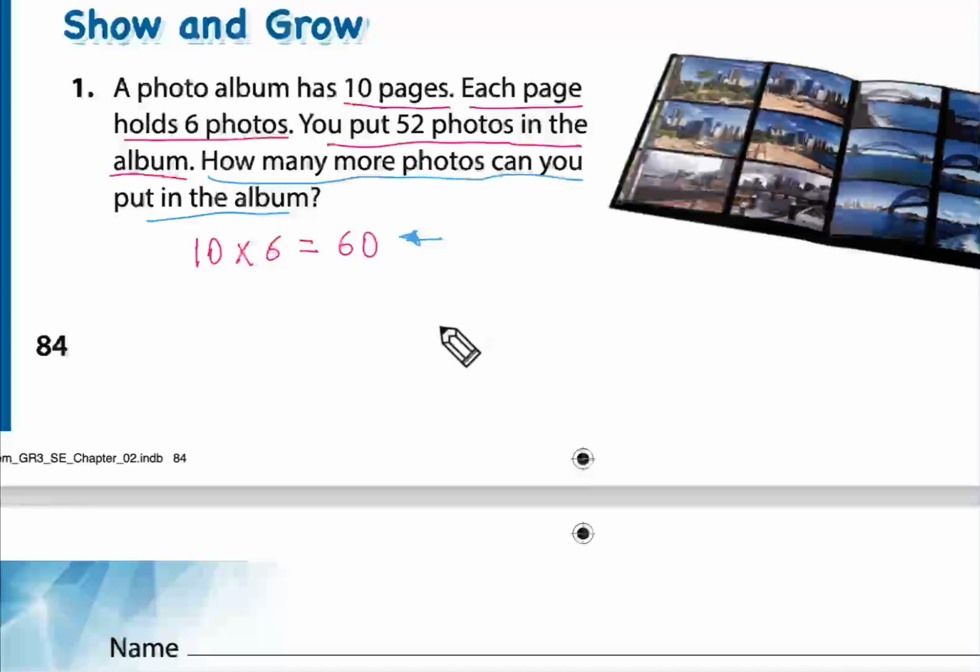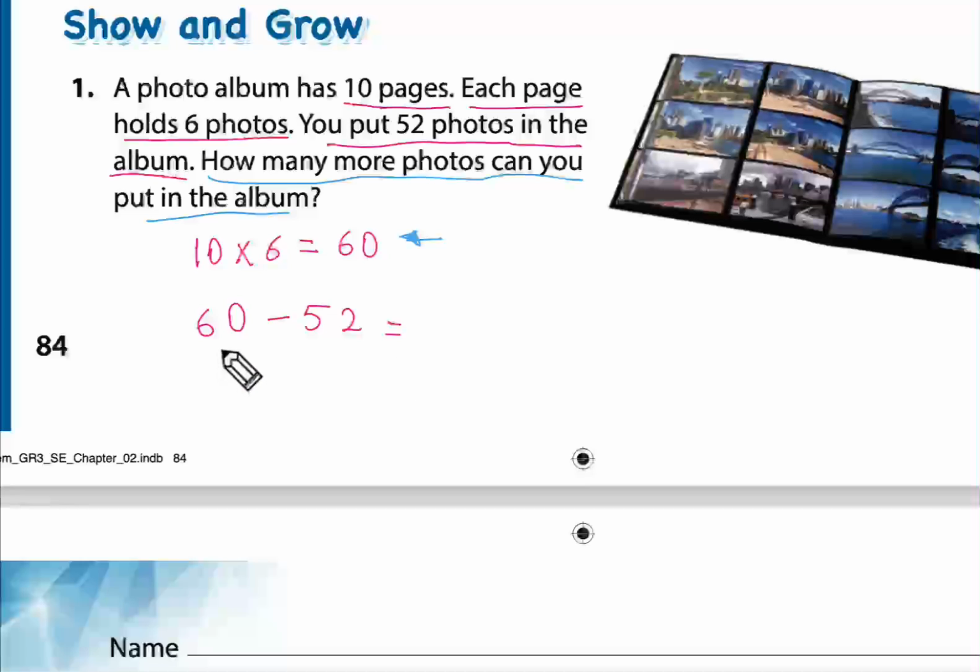And now in the second step we said that we should subtract 52 to find how many places are left for us to use. We have already 60. This is the whole number, or all places are 60. And we put 52, so we subtract 52. Okay, we can subtract any way you want.